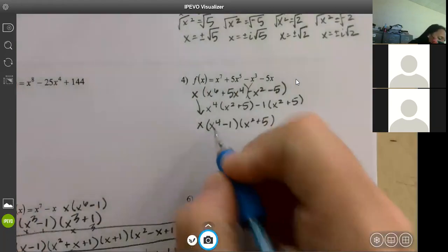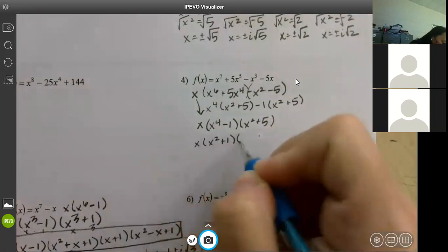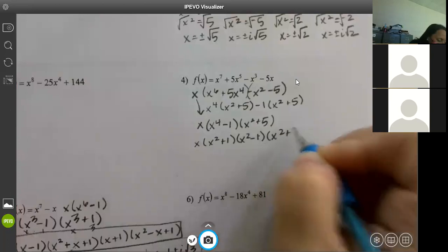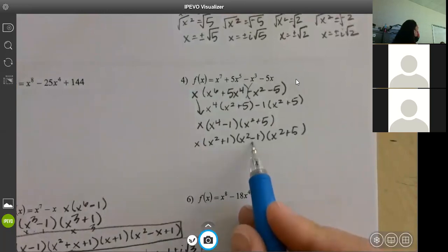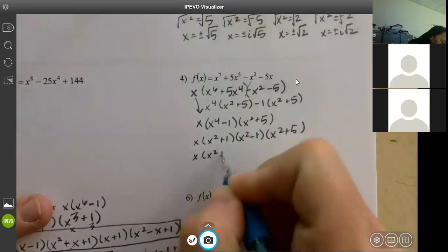X to the 4th is perfect squares. So that gives me x squared plus 1, x squared minus 1. And then we still have that x squared plus 5 on the end. Is there anything in there I can factor? Yes or no? Yes? The x squared minus 1 again I can do. The plus 1 I can't because it's a plus. So it stays.